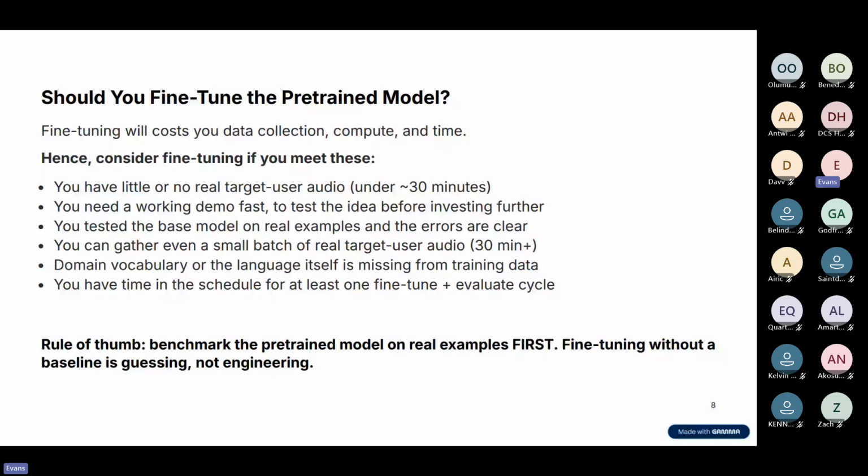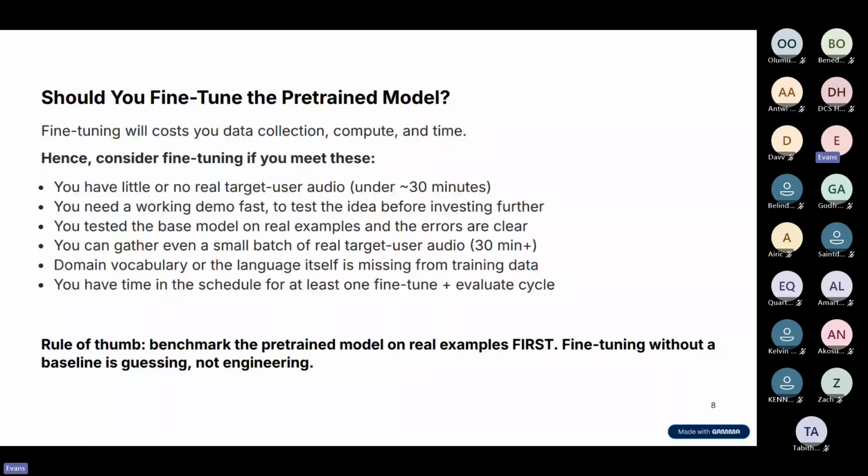Do I have data, right? So you can gather a small batch of real target audio. So once you've looked at these three points, you also have to consider this. The domain that I want to work in, can I get at least 30 minutes of audio in that domain? If your answer is yes, you can go ahead and collect your data and then fine tune, right?